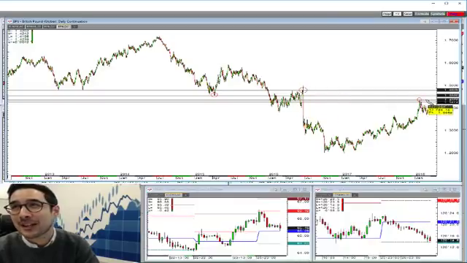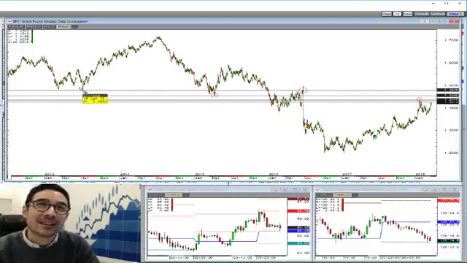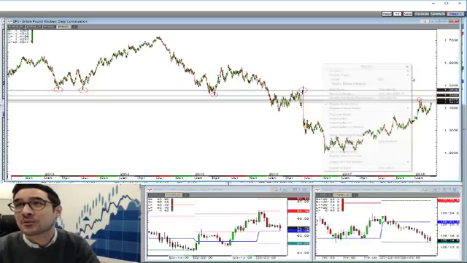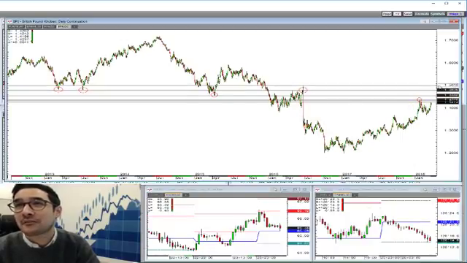I don't see any reason why that can't be tested. 148. I didn't think I'd be saying that a few months ago, but that kind of double bottom that we had back in 2013, pretty decent level around that 148, and then ultimately a full recovery, of course, would be the 150 handle, which was where we were trading the night of the referendum.